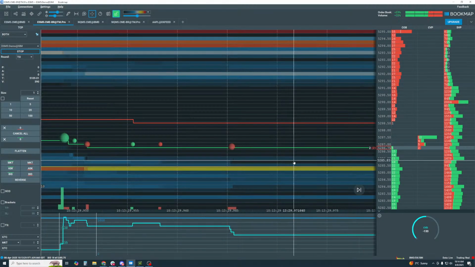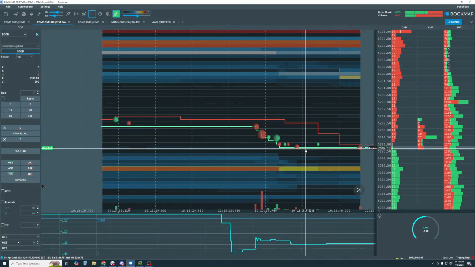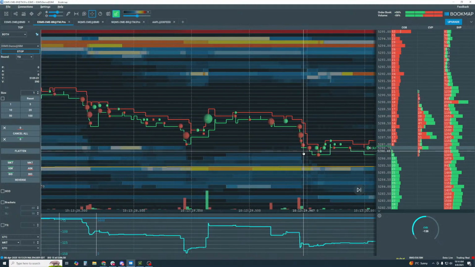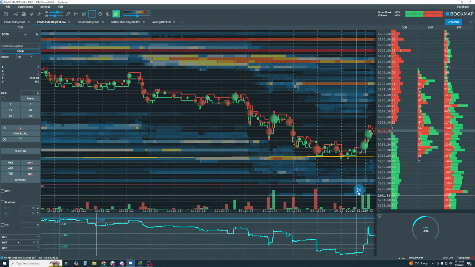I don't see an example here. A lot of times you'll see a player pull right here, and there's no transaction. Others simply aren't going to show that level of granularity.